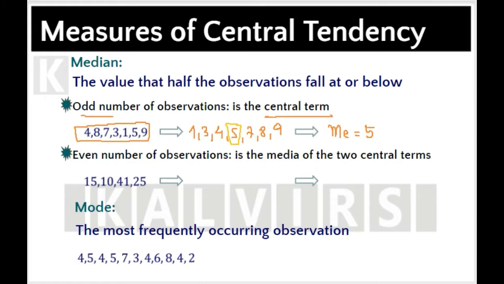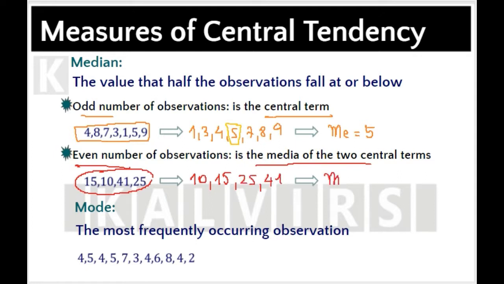Now, if the number of observations is even, then the median is the average of the two central terms. So, for the set shown below, after rearranging terms 10, 15, 25, 41, the median is 15 plus 25 over 2, which is 20.